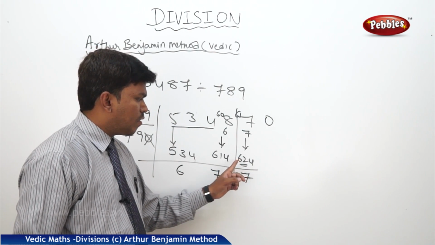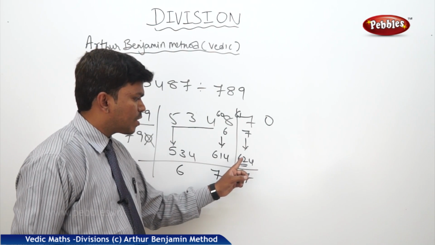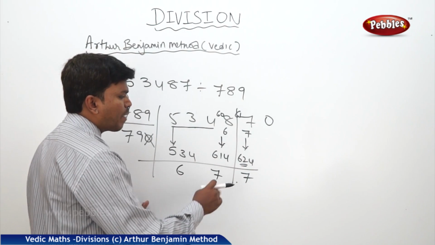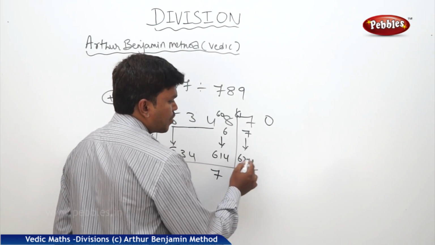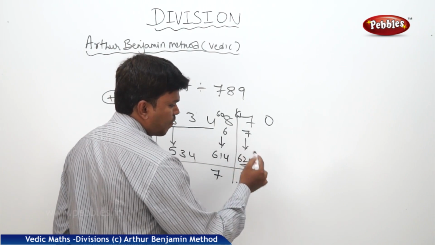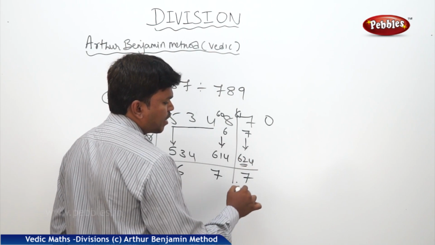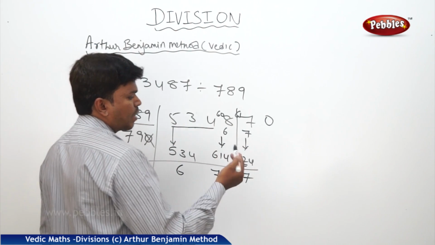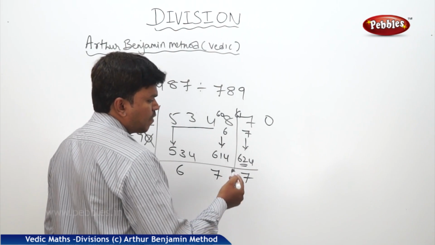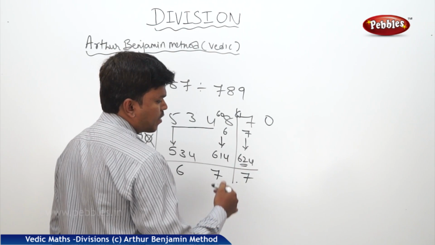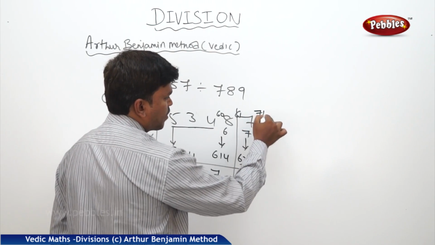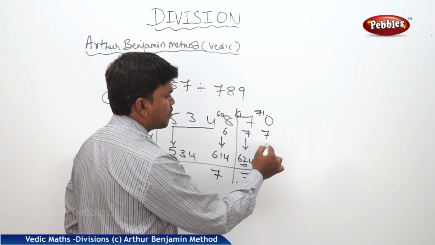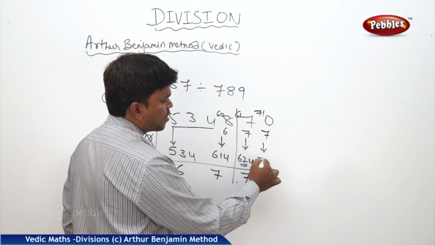So 624 minus 553: 624 minus 3 is 621, then 621 minus 50 is 571. So 71 will be my remainder. 7 into 1 is 7. Add it to the next number.